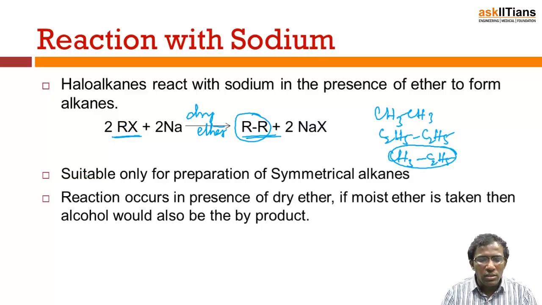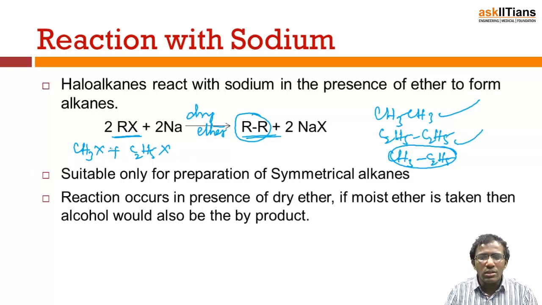So if I take CH3X along with C2H5X, then I may get CH3CH3, that is this one. I may get C2H5C2H5, that is this one, or when these two react with each other, I will get this one. So here I am not getting one product in major amount, I am getting a mixture of products.